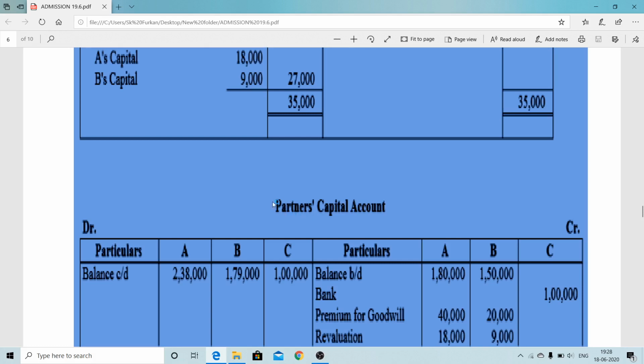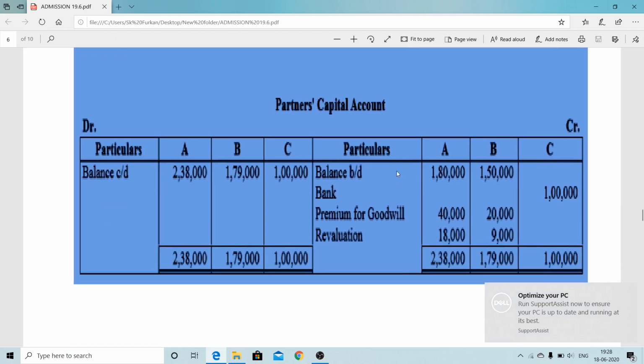So here let's see the partners' capital account, same as in the second chapter. Here it is the debit side, here it is the credit side. Now the opening balance, by balance b/d, is already provided in the old balance sheet. A's capital was 1,80,000 and B's capital 1,50,000.